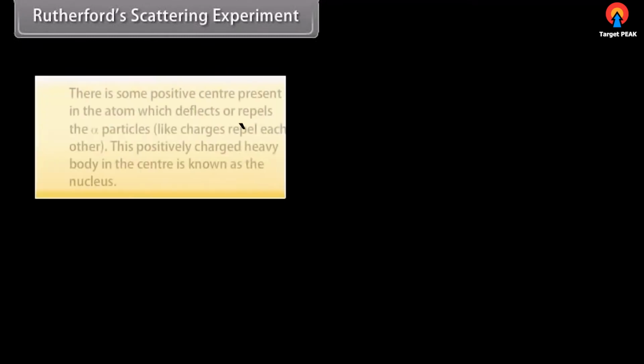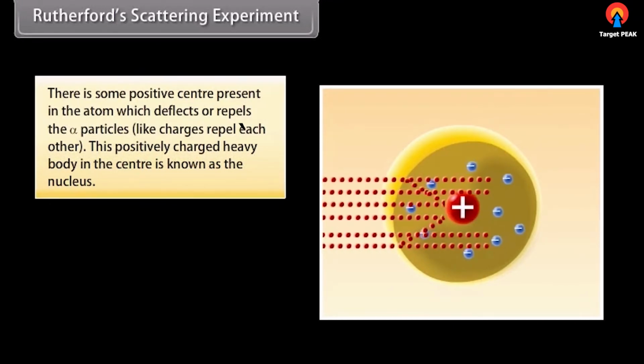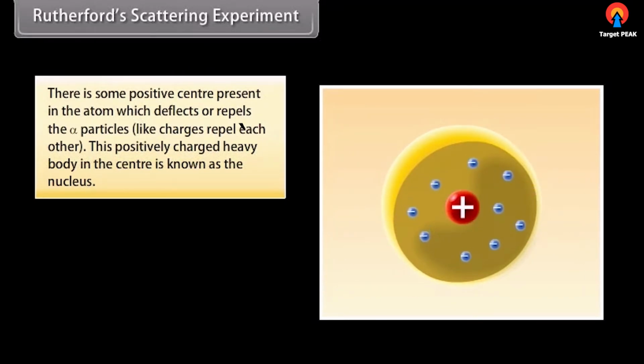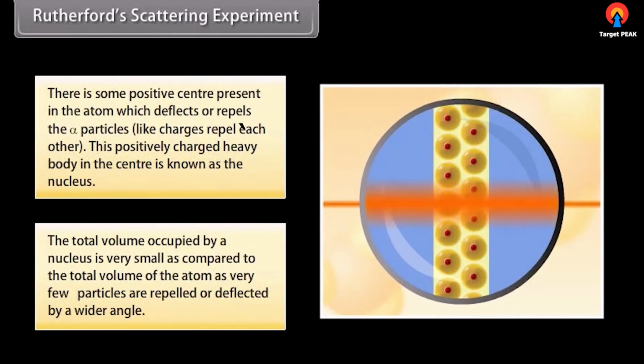There is some positive center present in the atom, which deflects or repels the particles like charges repel each other. This positively charged heavy body in the center is known as the nucleus. 3. The total volume occupied by a nucleus is very small as compared to the total volume of the atom, as very few particles are repelled or deflected by a wider angle.